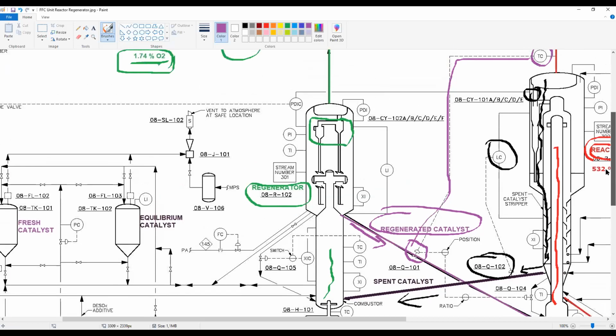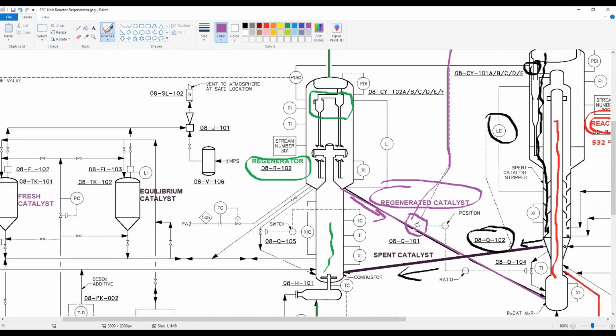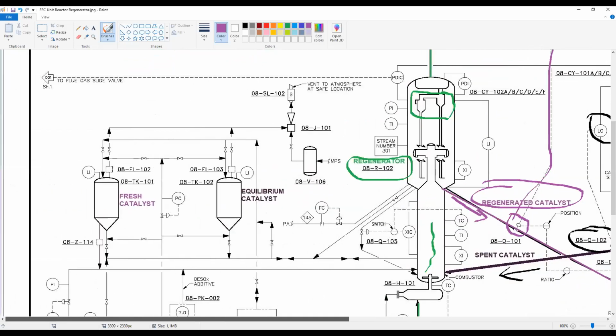Okay, so this is mainly the regenerator. What else can we see here? At the left, we see these like hoppers. We have the equilibrium catalyst, okay, in this like a tank, TK 102 equilibrium catalyst, and we have the fresh catalyst.